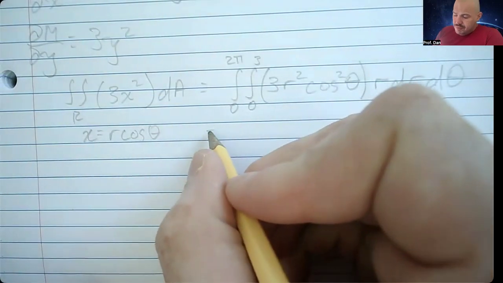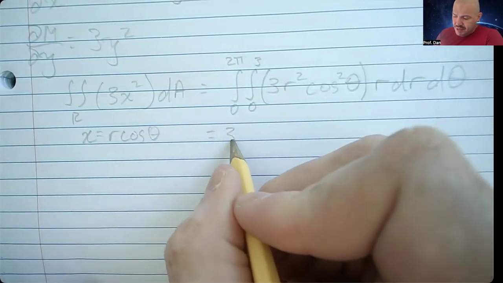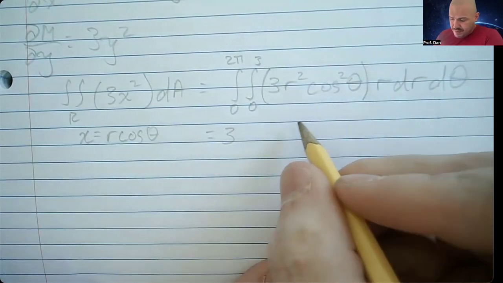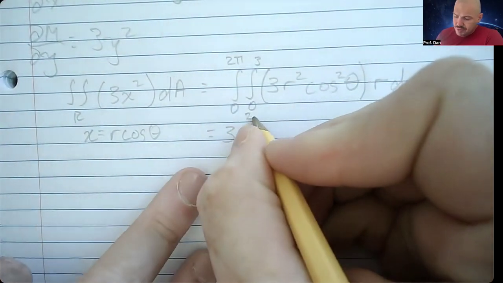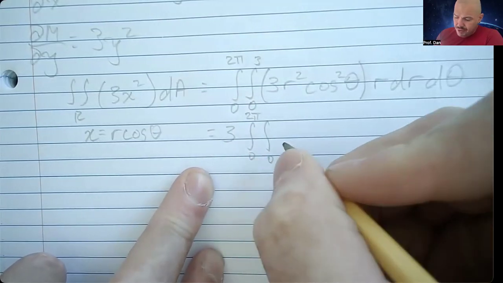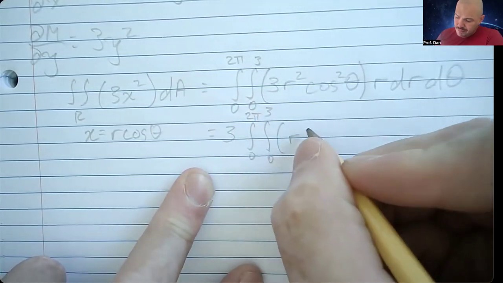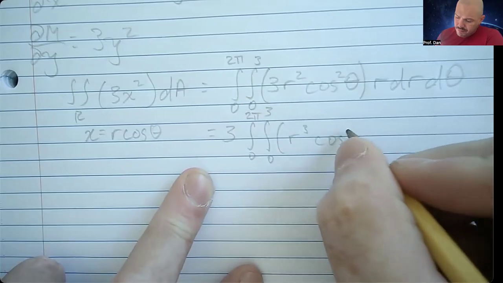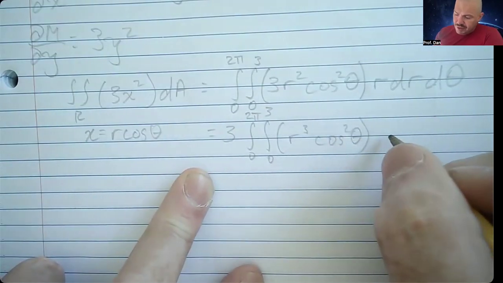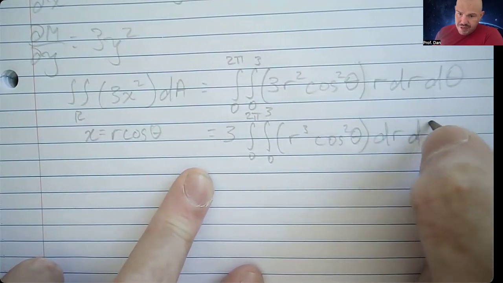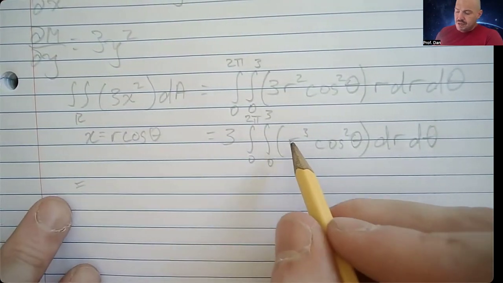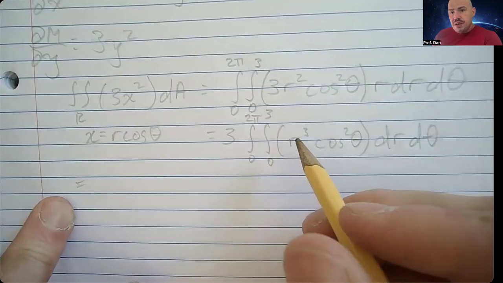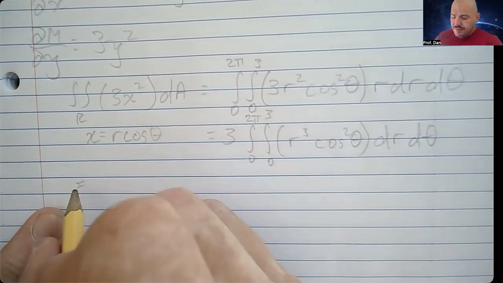So simplifying this a bit, I'm going to take the 3 out. I'm going to multiply the r's together. So we're evaluating this double integral first with respect to r, then with respect to theta. So start in the middle. I notice the r part, I can use the power rule to get my antiderivative.